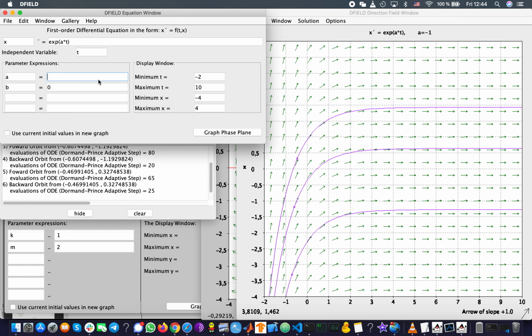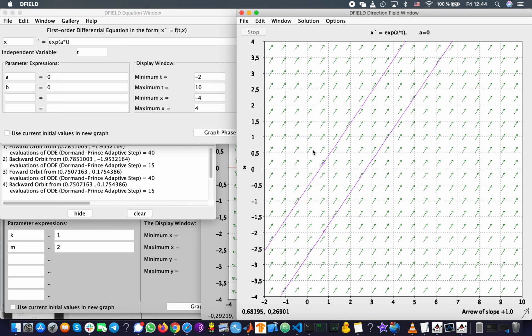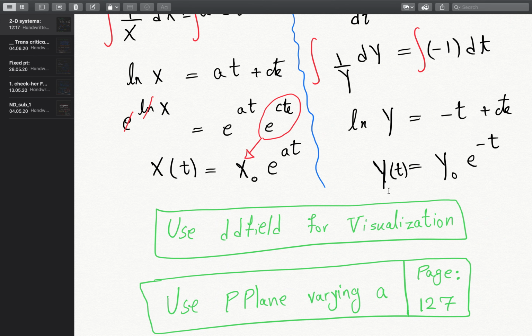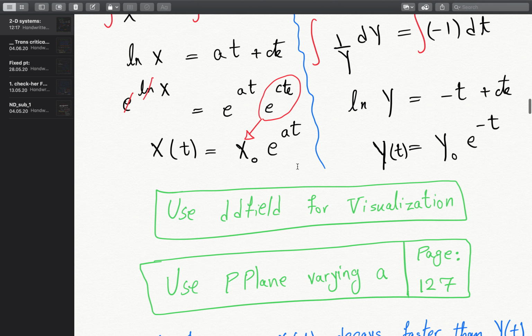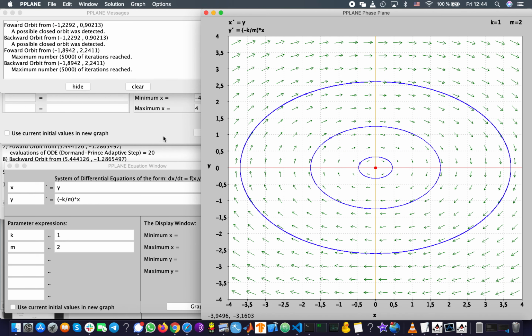And if it is just 0 again, you see that it's just 1, right? So this is the behavior of x with respect to t. And if we want to also talk about the phase plane by varying this a, we can see it here, right?